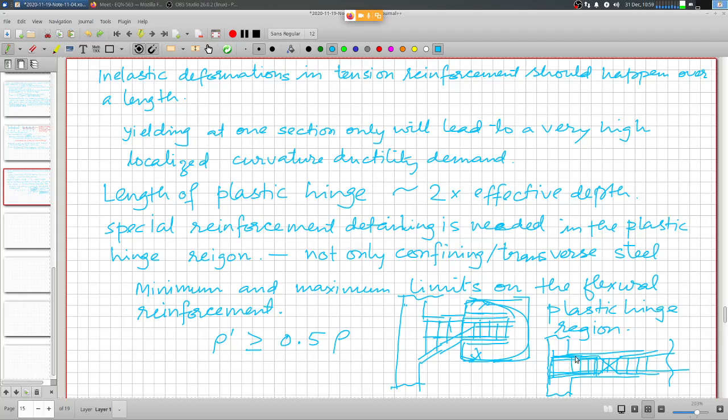Because if the plastic hinge was to develop here, because the maximum moment is indeed at this place, then this reinforcing steel will yield, and there is no control on the propagation of this yielding inside this beam column junction.